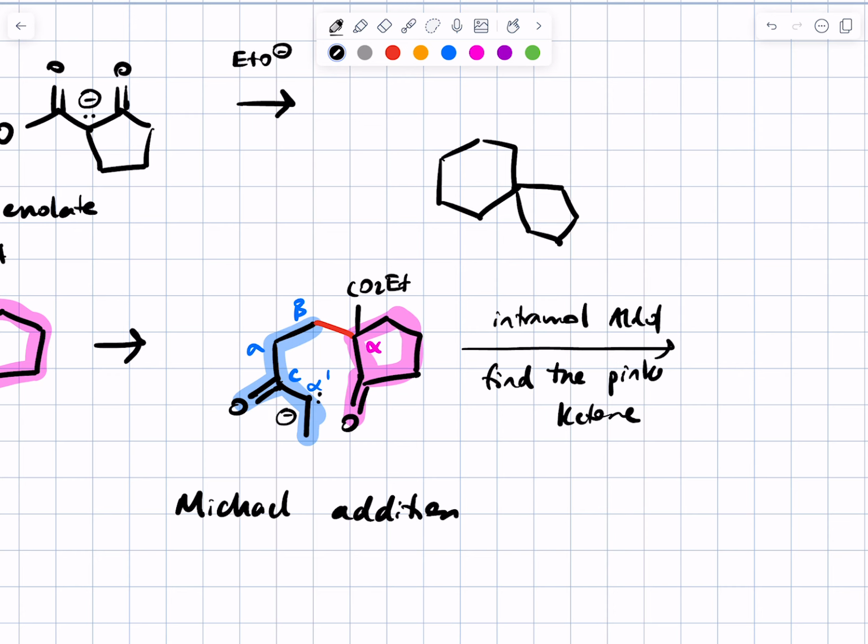I don't want to go down that rabbit hole because I'm not sure that it would lead anywhere particularly fun, other than to say that this type of connection, two rings sharing a single atom, is called a spiro connection. Spiro compounds are known, so I don't have a really good reason why we should dismiss that. My hand-wavy explanation must be, well, if it doesn't happen, it must not be the most stable option. But that's just another way of saying memorize, find the pink ketone. So, great questions, and I'm sorry I don't have a good answer for you there.